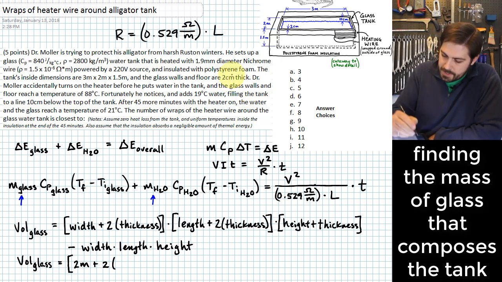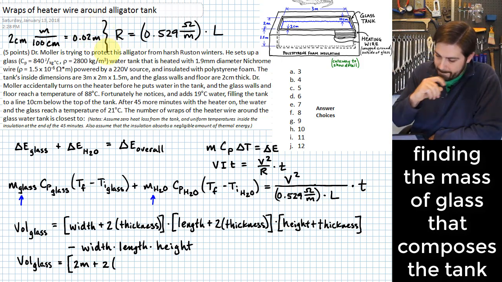All right, 2 centimeters we can multiply by, there are 100 centimeters in a meter. All right, so this is 0.02 meters. Okay, so we're going to put in here 0.02 meters. That just will make this a little bit cleaner.